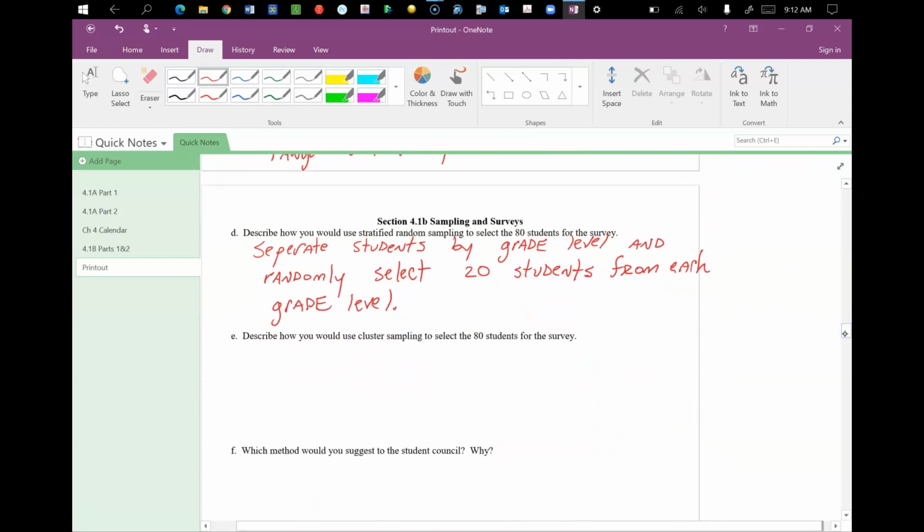So describe how you would use cluster sampling to select the 80 students for the survey. Divide the auditorium into 20 vertical columns, not rows.